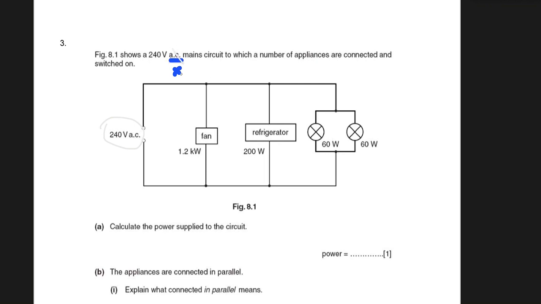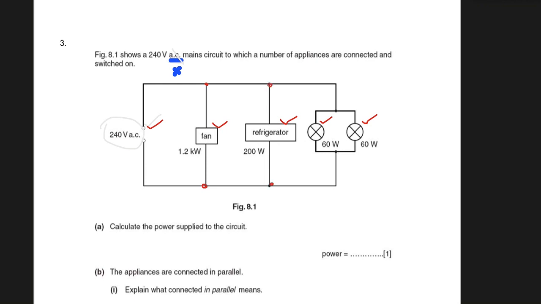Just imagine that there is a 240 volt supply that is making this whole circuit run. What it means is, because the 240 volt is connected in parallel to each of these appliances, all of these appliances are subjected to 240 volts.